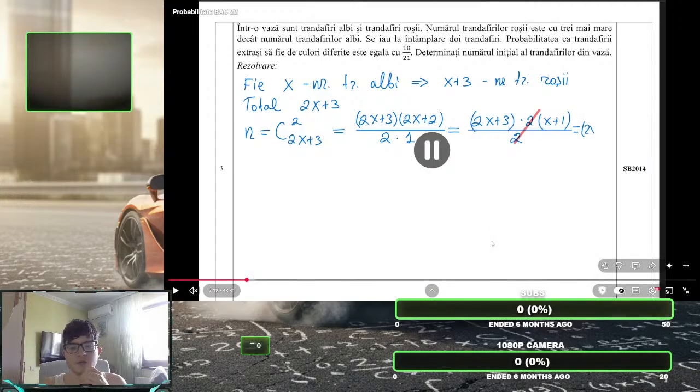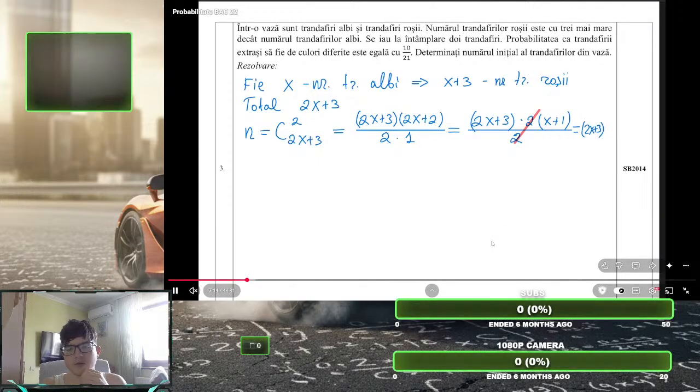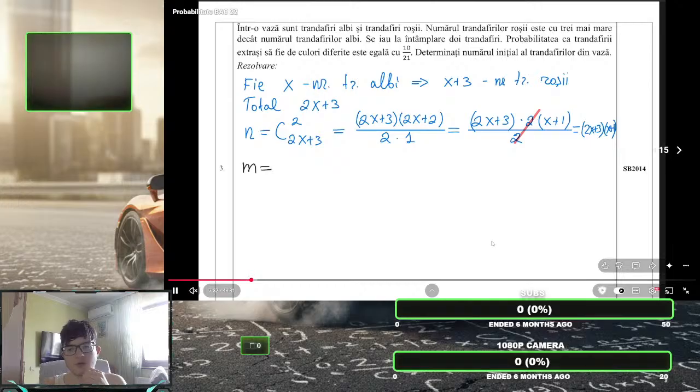Okay. Get it. Now it's gonna be 2x to the second power plus 2x, right? Let me see. So it's gonna be that form. It's not gonna be touched, I guess.